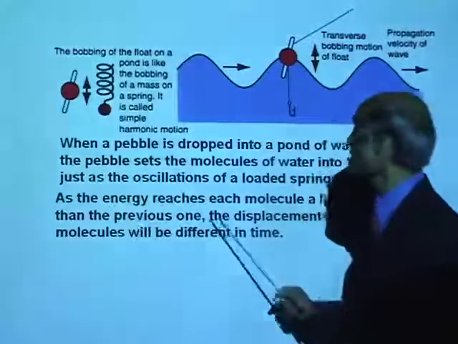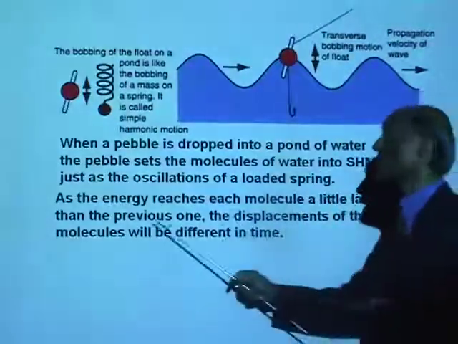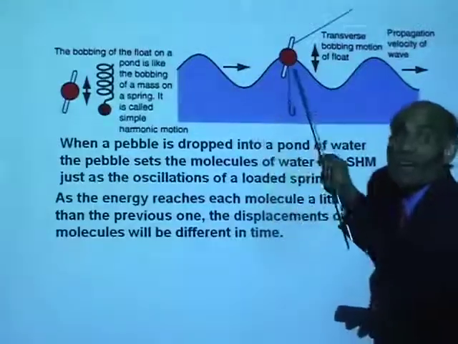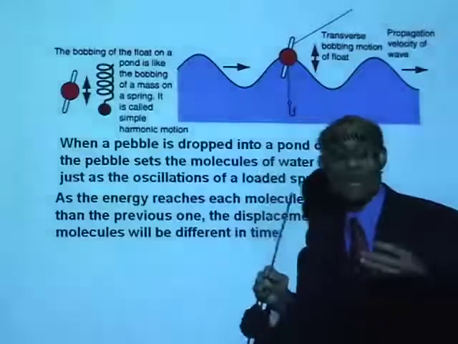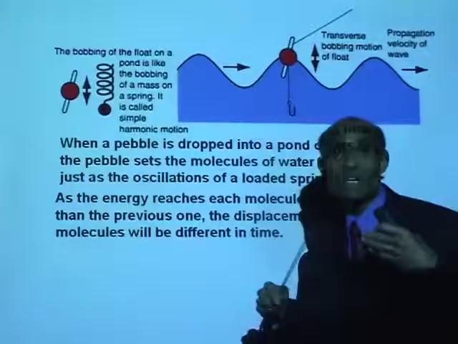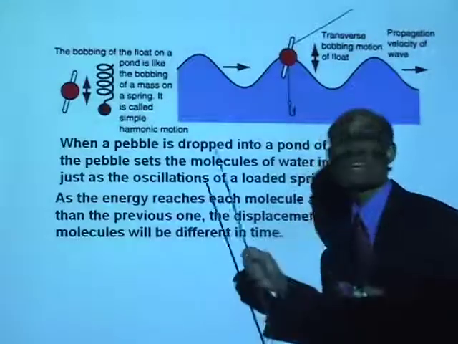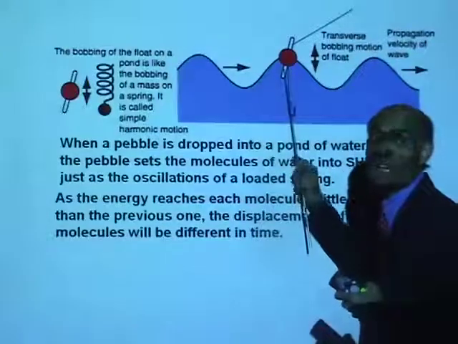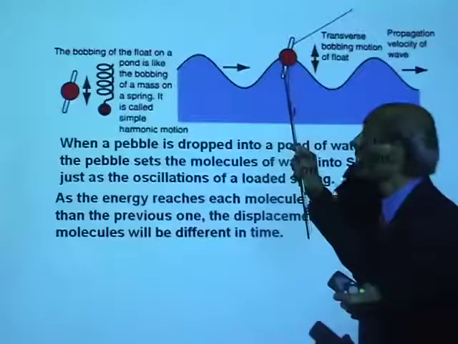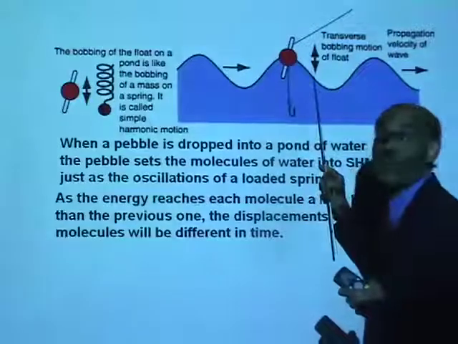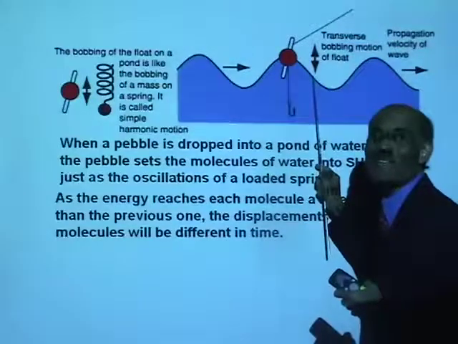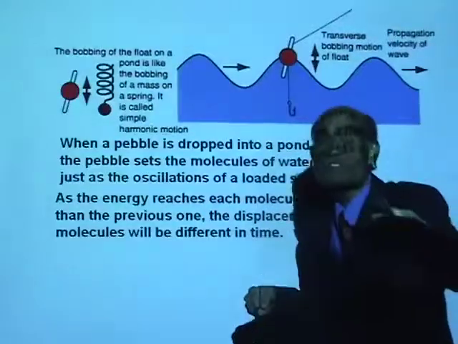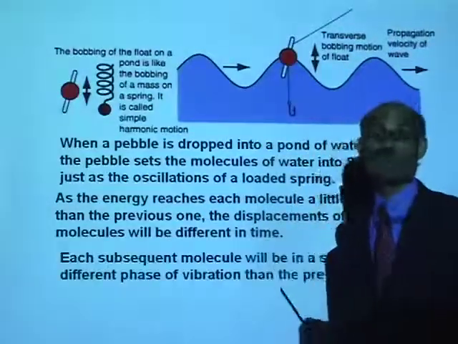As the energy reaches each molecule a little later, you can see the wave profile is created, because the energy reaches each particle a little later. When a particle here has vibrated all the way up, a particle here will just begin to vibrate. You see the profile of the wave. We will create the profile as we go on.